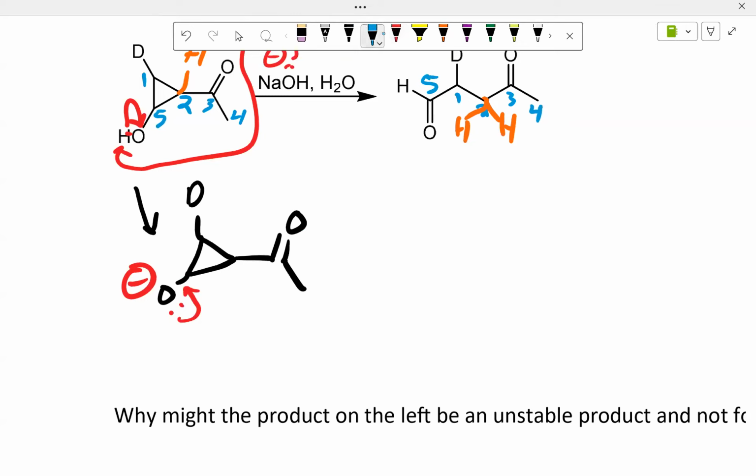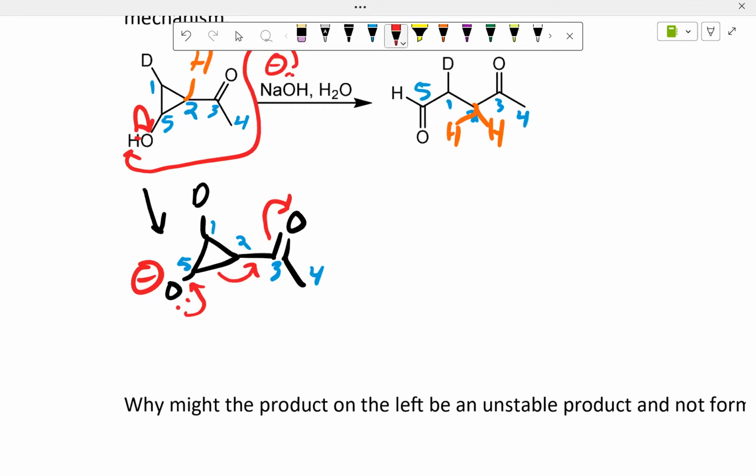However, if we form the carbonyl, then this carbon is going to have too many bonds, so it's going to have to break one. Which one is it going to break? Well, remember, let me number the carbons, we wanted to break the 2,5 carbon bond anyway. So let's break it in this step, and push the electrons to form an enolate.